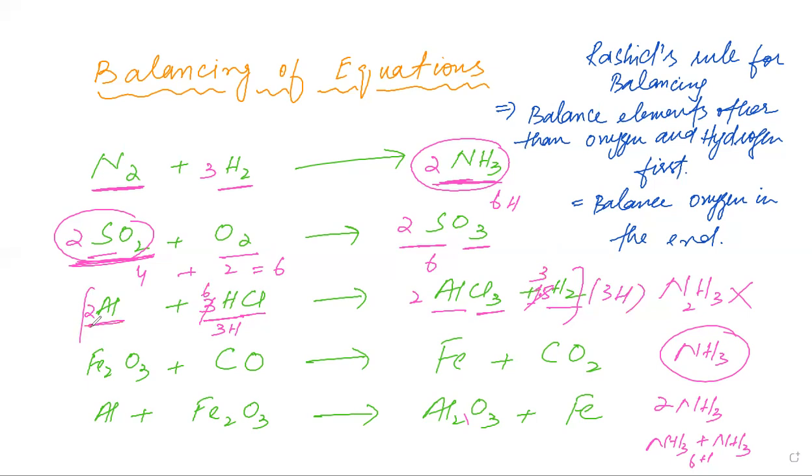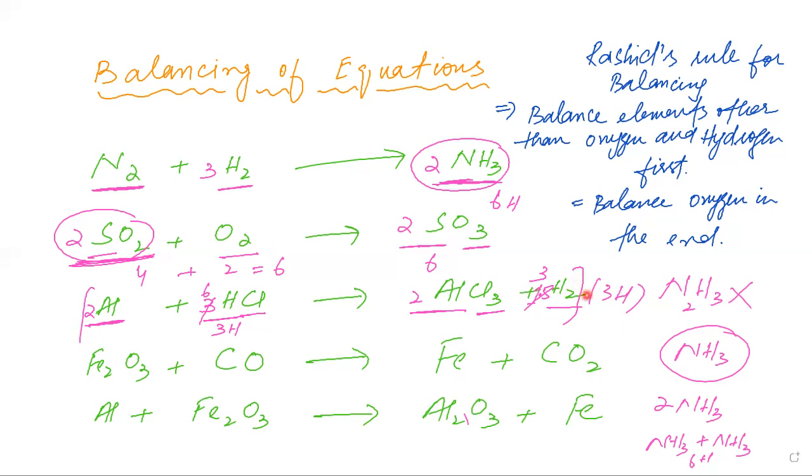Now you can check: 2 aluminium at the reactant side, 2 aluminium at the product side, chlorine 3 twos are 6. There are 6 chlorine because in 1 aluminium chloride there are 3 chlorine, but in 2 aluminium chloride the number of chlorine atoms will become 6, and chlorine atoms are also 6 at the reactant side.